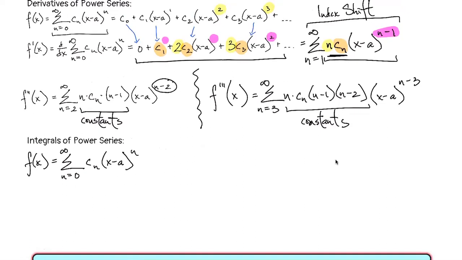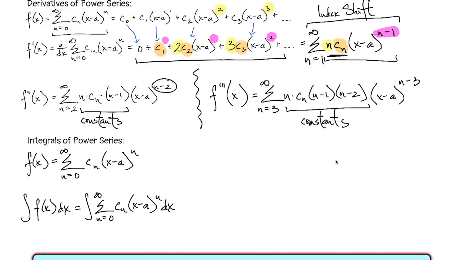Now, if I wanted to find the integral of f of x dx, that would mean I need to take the integral of the other side as well. So the integral of the sum of my c sub n times x minus a to the n dx.